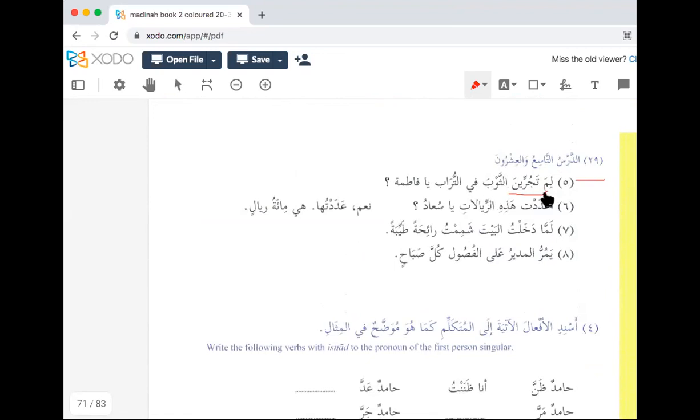To drag. He said, Lima tajurrina anti ya Fatimatu, because it's mukhataba to mu'annath. So that's why it's from al-af'al al-khamsa: taf'alina, tadhhabina, anti tajlisina, anti tashrabina. Here, tajurrina, jarra yajurru. Why are you dragging that dress or those clothes in the dirt, Fatima?